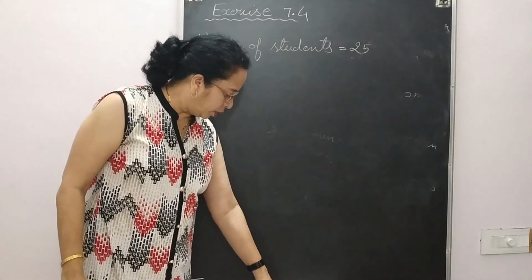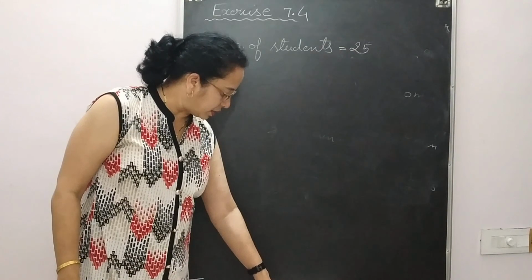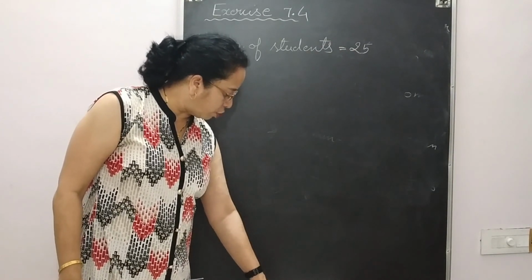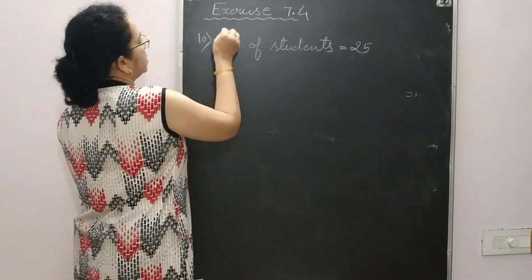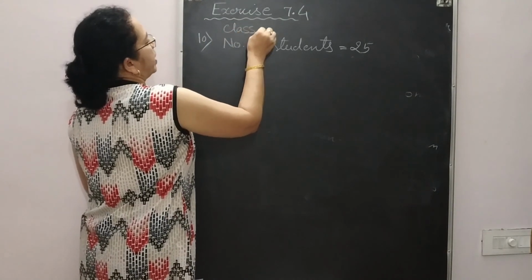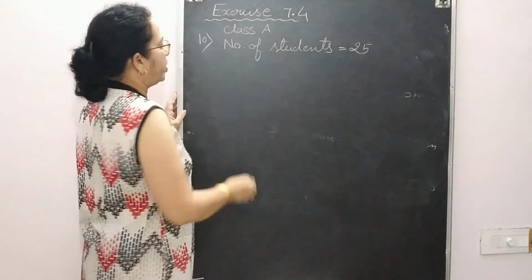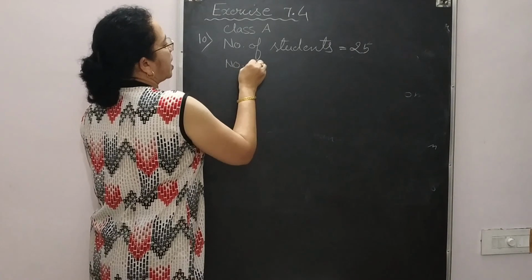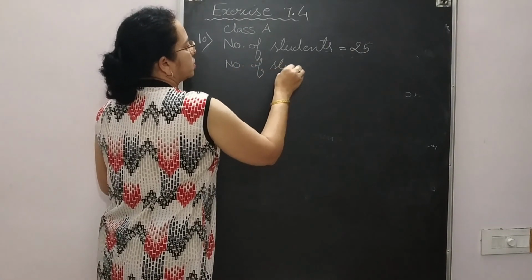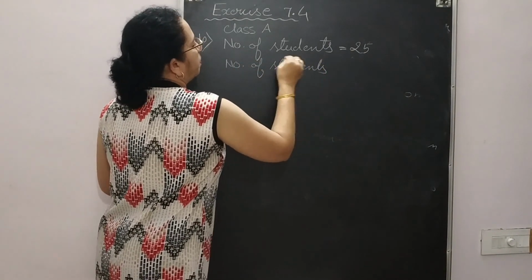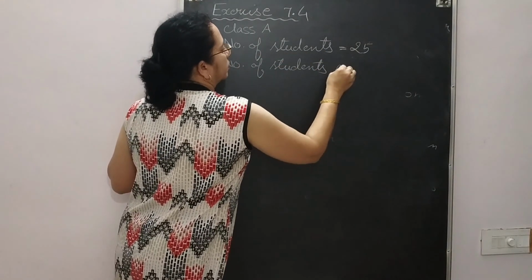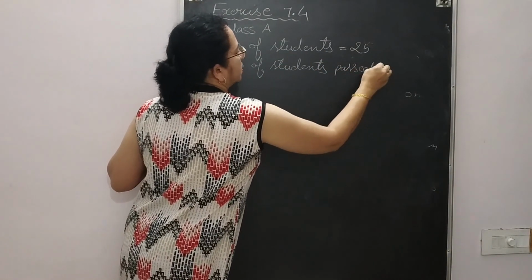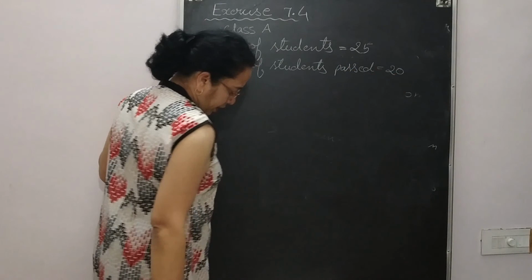The next line, 20 passed in first class, in another class B of 50 students. Okay, this is class A, class B. So let me write down class A. Number of students 20 and number of students passed is equal to 20.